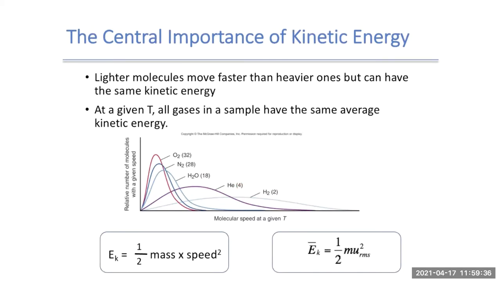You can think of this as if you're looking at a semi-truck going down the freeway and then a little tiny Jetta going down the freeway. The little tiny car can go much faster because it doesn't have as much mass to move.